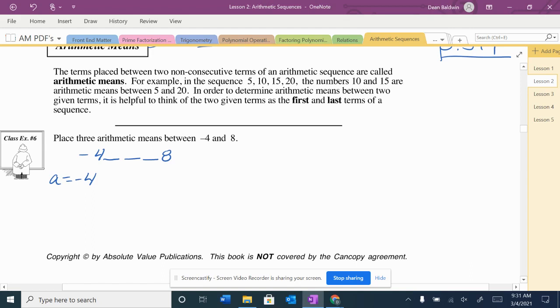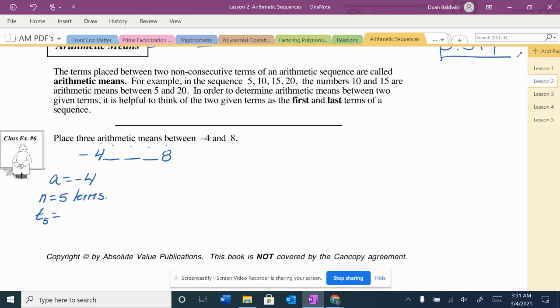There's 5 terms, right? 1, 2, 3, 4, 5. There's 5 terms. We just don't know 3 in the middle. So n is equal to 5. Okay? What is T5? What is the 5th term?